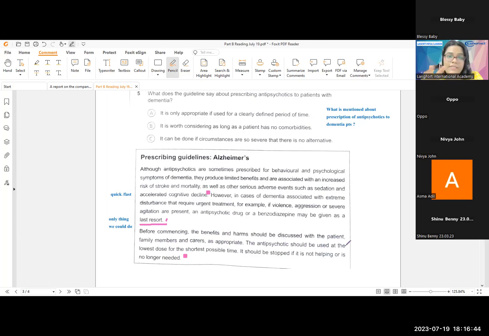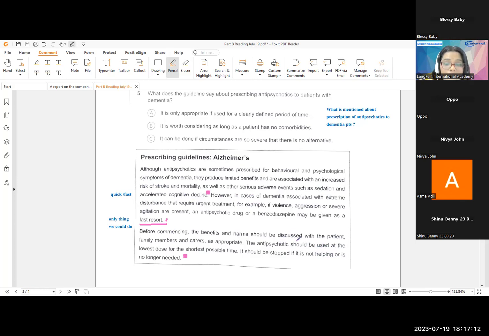So they told us the benefits are very few. It can cause sedation, accelerate cognitive decline, and increase the risk of stroke and mortality. However, if the patient has extreme symptoms like violence or aggression, and there is no other option, then you can give an antipsychotic drug. Before you start the drug, you need to clearly explain and discuss the benefits and the positives and negatives with the patient, the family members, and the patient's carers as needed.